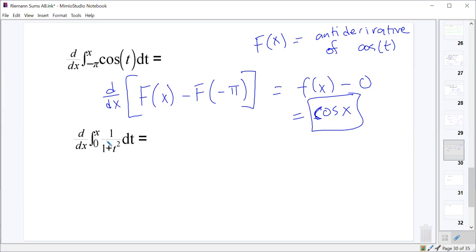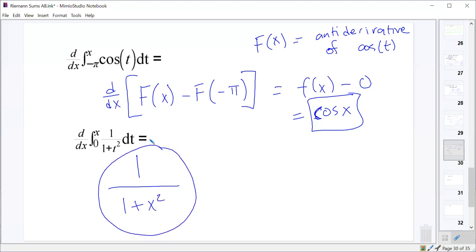By that same logic, what should the derivative of the integral from 0 to x of 1 over 1 plus t squared be? It should just be 1 over 1 plus x squared. Good or no?